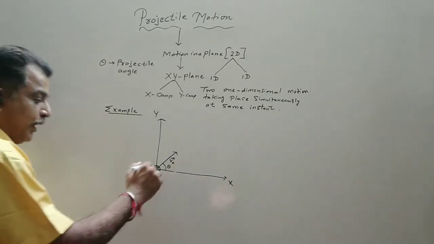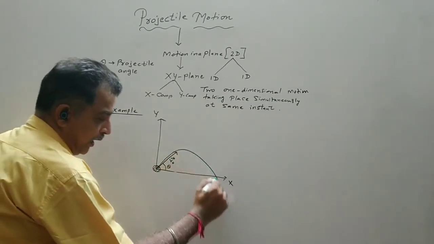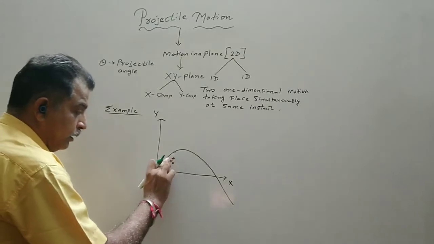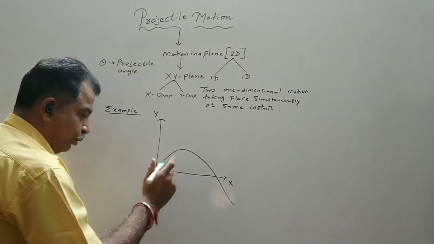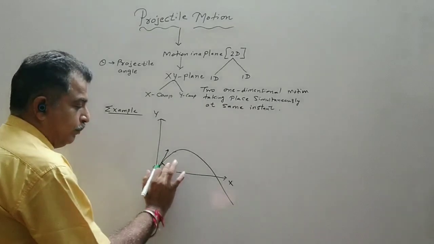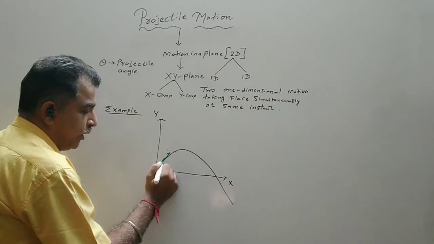Now we all know that when this body is projected, it will follow a parabolic path. We will also prove mathematically why the motion is parabolic.